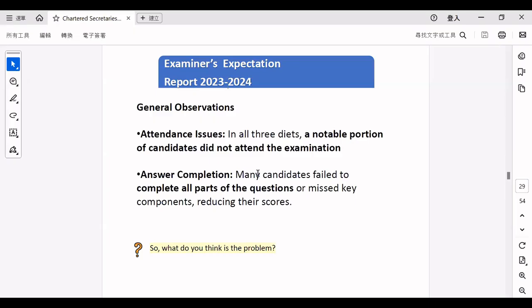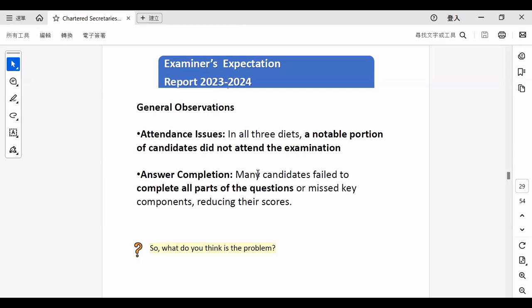I don't know why these students or candidates were absent, but probably they may have overestimated themselves. They think, okay, I have done this before, I just take 2 months or 1 month or a few weeks to do the study.